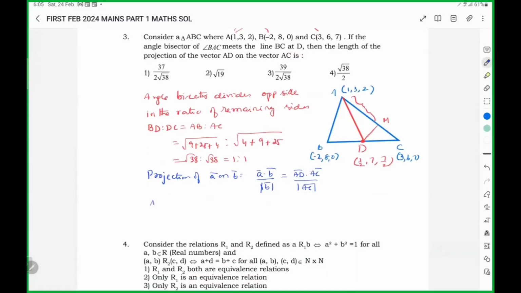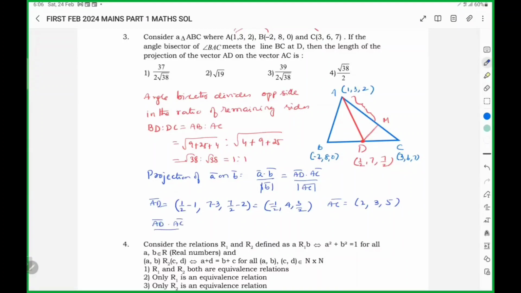So here AD bar is OD minus OA, which is (2, 7 minus 3, 7 by 2 minus 2), minus of (4, 3 by 2). So AC will be (2, 6 minus 3), here 5.